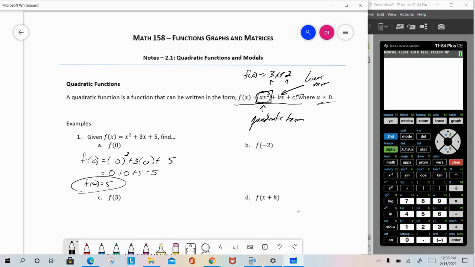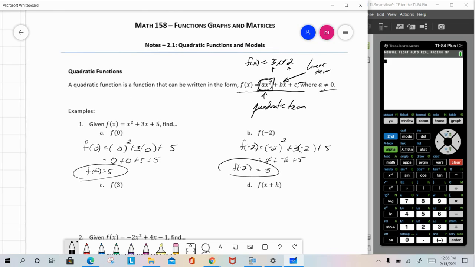For negative 2, f of negative 2, notice that we're going to replace the x value with negative 2. So negative 2 squared is 4. 3 times negative 2 is negative 6, plus 5. So 4 plus 5 is 9, minus 6 is 3. f of negative 2 is 3.